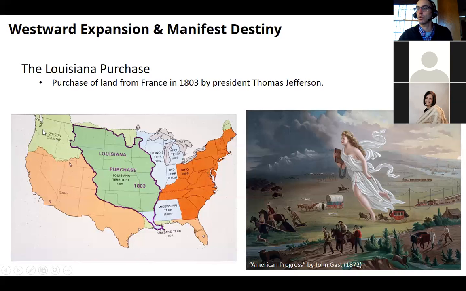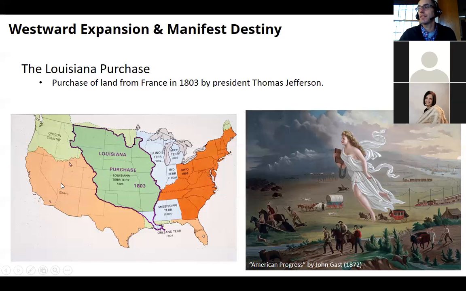The rest of this Oregon territory belonged to the British. This light orange is Spain. And we would fight a few wars to take over Texas and the Southwest, New Mexico, Arizona, California. We either bought or fought for this land to get it from Spain.